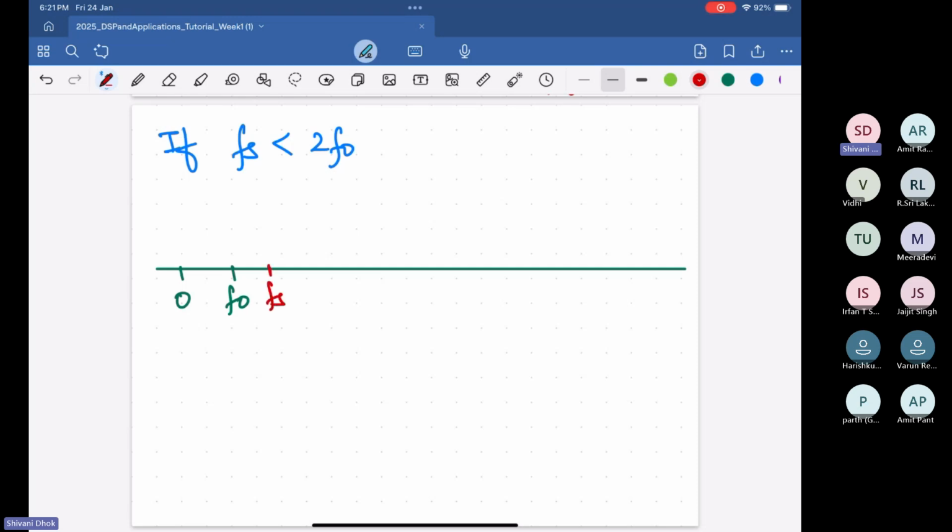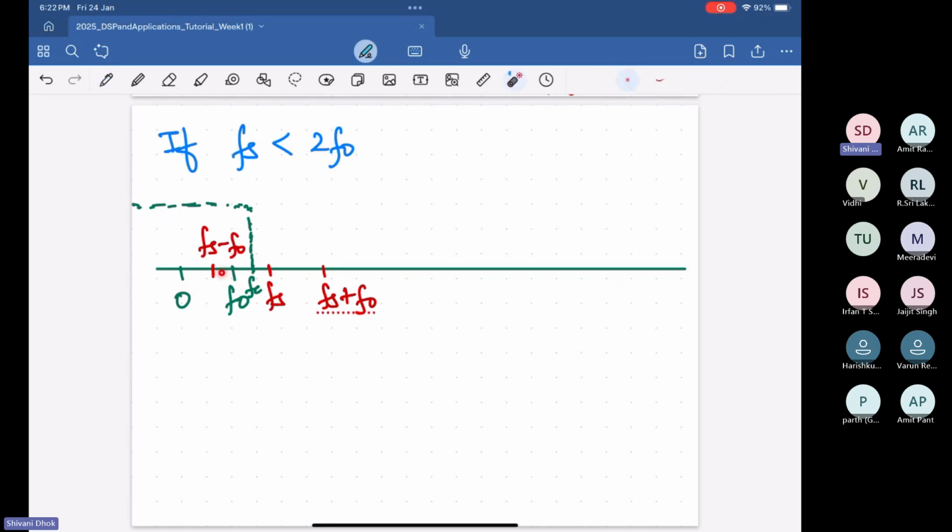Then due to the presence of replicas, we'll get something like Fs minus F naught here. And then we will have Fs plus F naught. And again, this will go on happening. Now, if I want to recover back this particular thing, and I try to use a low pass filter with cutoff frequency, let's say Fc, something like this.